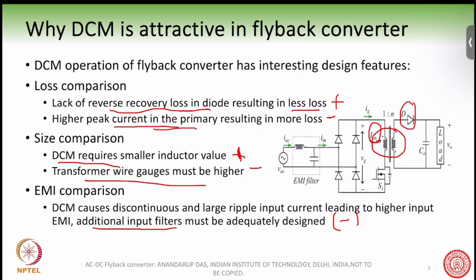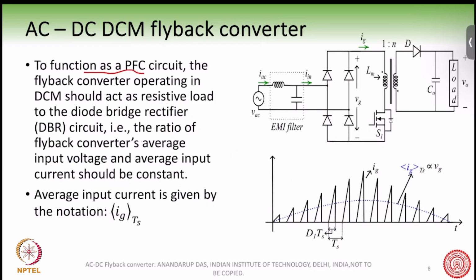Now, if you see here, whether it is CCM or DCM, if it has to work as a PFC, the grid should see that this current which is flowing, IAC, is a perfectly in-phase component of VAC, which means that the entire converter looking from this left hand side should appear as an equivalent resistance RE.